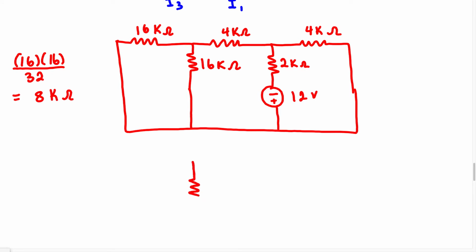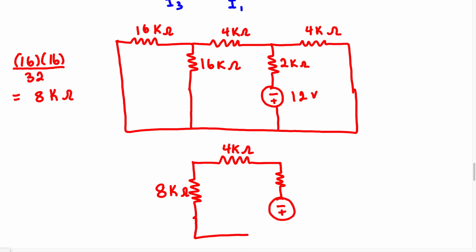We're going to have 8 kilo ohm, this is going to be a 4K resistor, then we're going to have a 2K here with a voltage source, and we have this resistor here. When we look at this, we have 2K, we have 4K, and we have 12 volts.